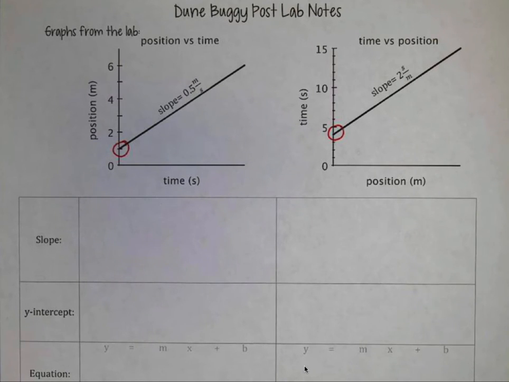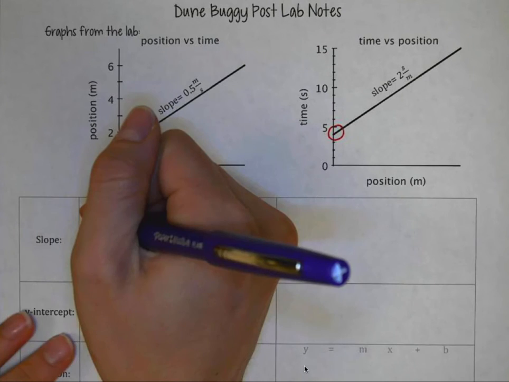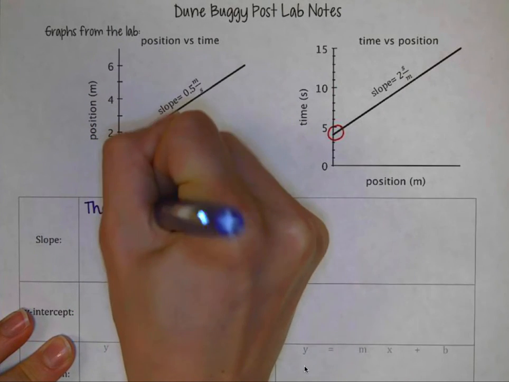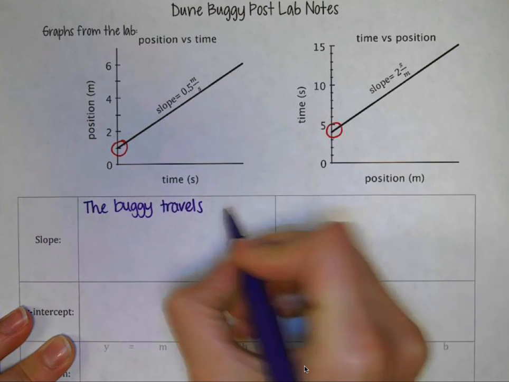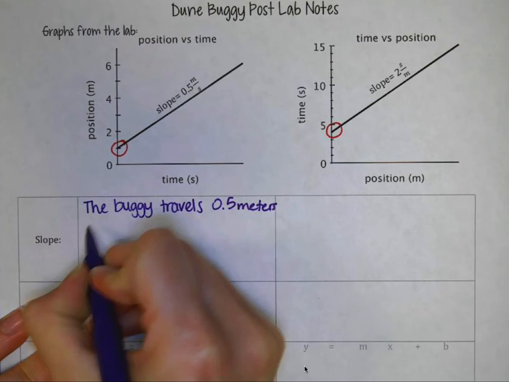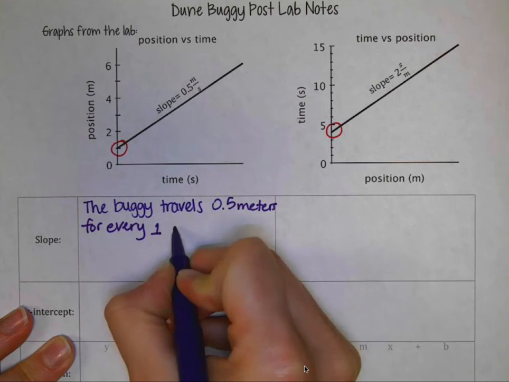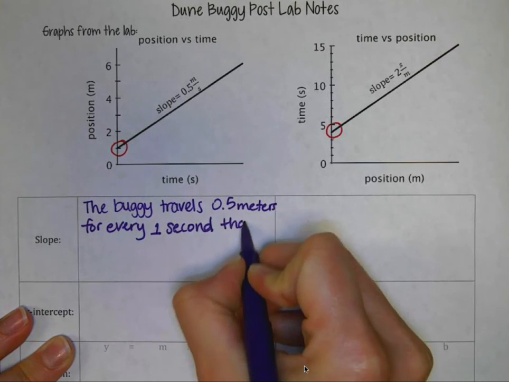So the slope for this first one, the position versus time graph, is telling me that the buggy travels 0.5 meters for every 1 second that passes.